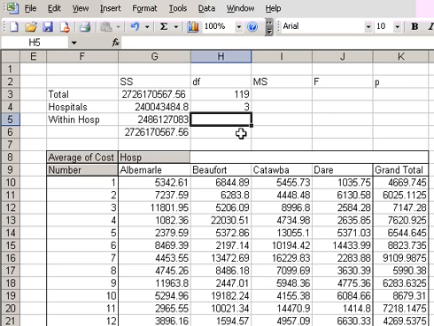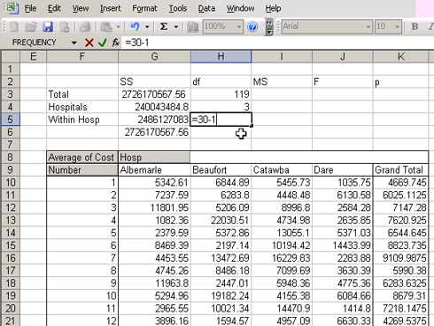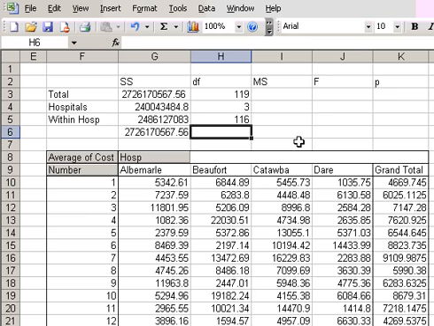So there are 30 minus 1 degrees of freedom in each hospital times 4 hospitals, or 116 degrees of freedom. It's easy to see that the degrees of freedom for hospitals and the degrees of freedom within hospitals is equal to the total degrees of freedom, as it should be.